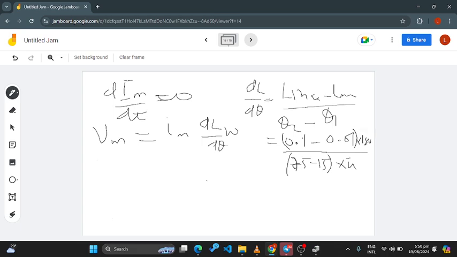Yeah, so what will be the L d theta? The L d theta will be equal to, let me use the calculator.